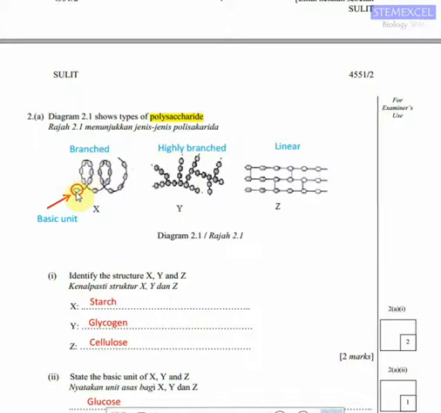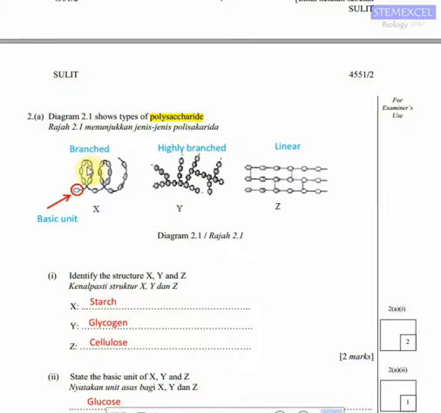And then one very important point from this paper that would be useful to remember is that if you have this shape, this is called a branch shape. And if you have this multiple branch, this is known as highly branched shape, and this is linear because it's like this. So remember, for branch shape, anyhow they are asking you what this is.